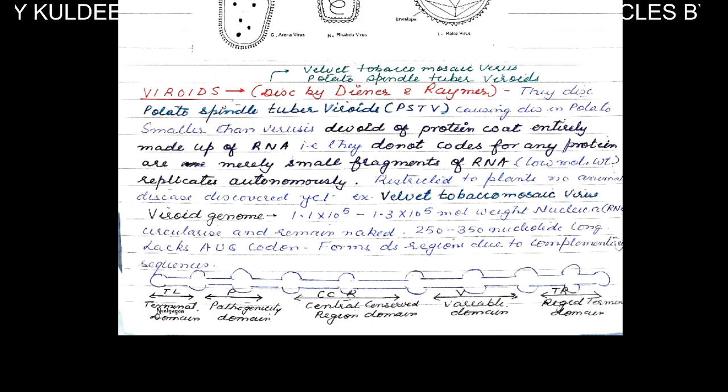Conserved region means these remain undisturbed during the course of evolution. Following the central conserved region there is a variable domain, and at the rightmost part you can see a rigid terminal domain. So this is the simple RNA molecule which is folded upon itself.